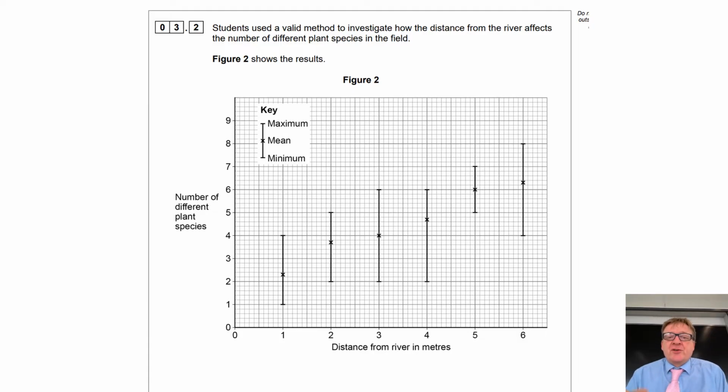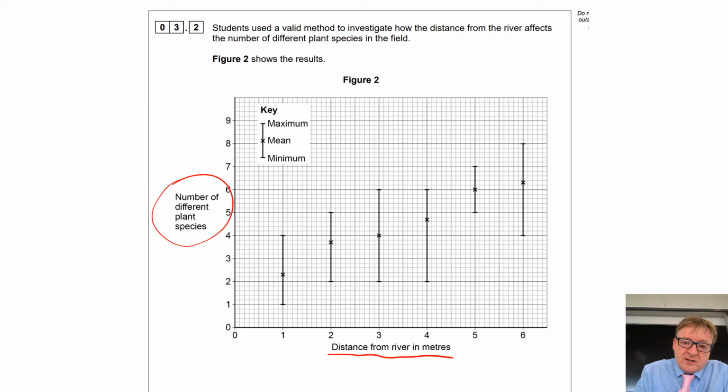Students use a valid method to investigate how the distance from the river affects the number of different plant species in the field. So we've got the number of different plant species, and we've got distance from the river in meters. Mean, maximum and minimum. We've got a bit of uncertainty going on here based on these box plots.